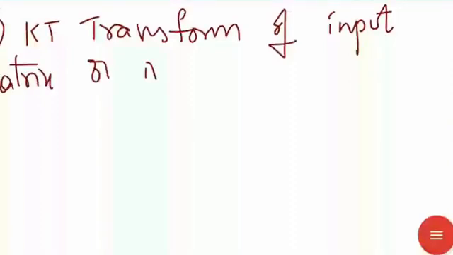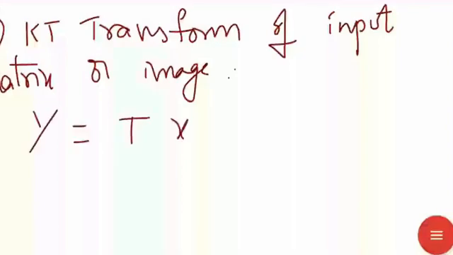This is what we found, the two-dimensional kernel or basis for the KL transform, that is capital T. Since the 2D kernel is there, I use the formula y is equal to T into X. Don't use A X A transpose like that, since there A is the one-dimensional kernel, but here T is the two-dimensional kernel.